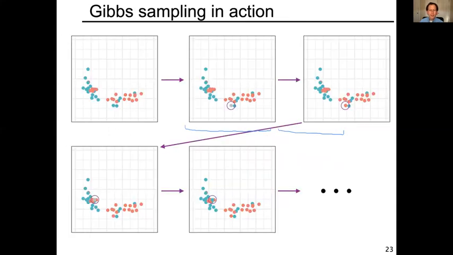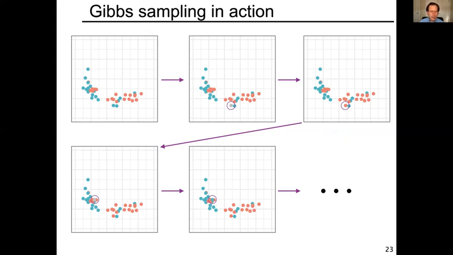In practice, this looks something like the following. We start in the upper left, and I'm showing you, within one time step, resampling for two different random variables. We might choose the first one in the bottom center. It started out blue, but we might resample it to red. That's going to be higher probability because it's closer to the red centroid.